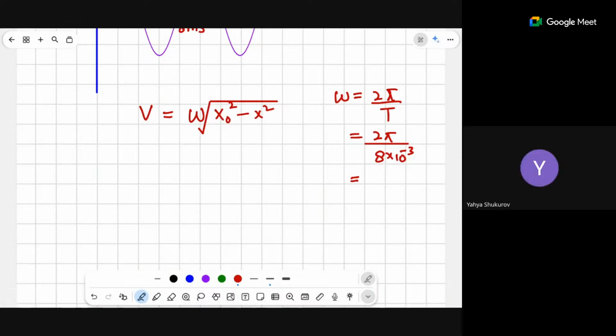Just a second, I just got it. Approximately 790 or 800, almost 800 radians per second.